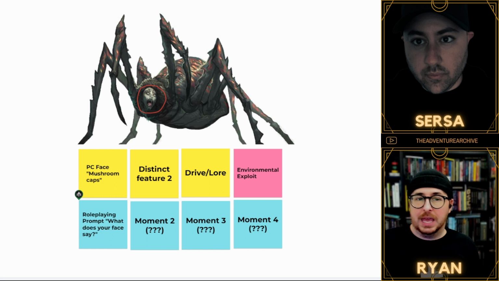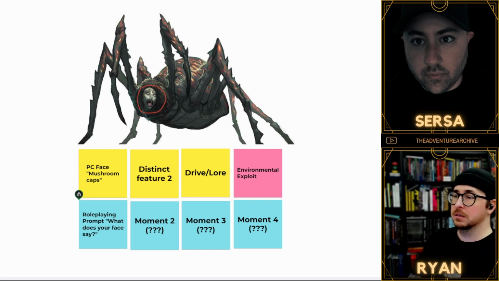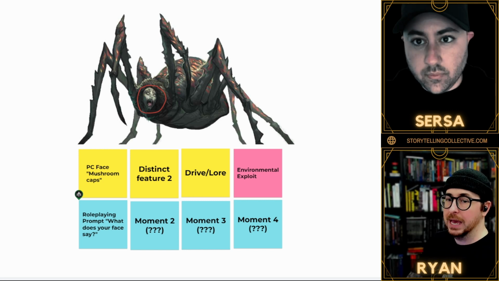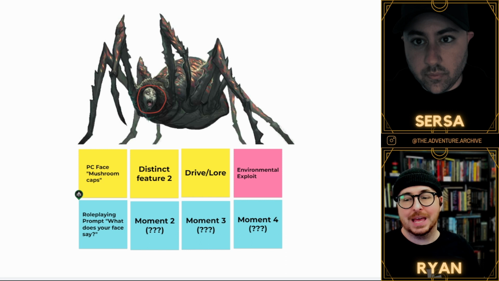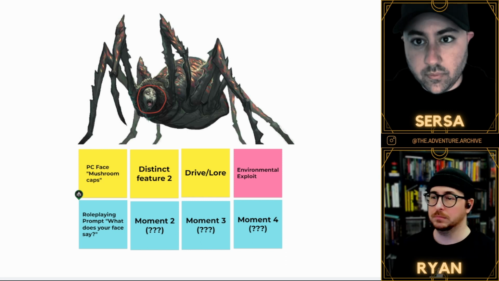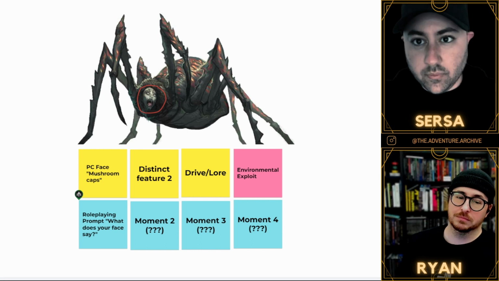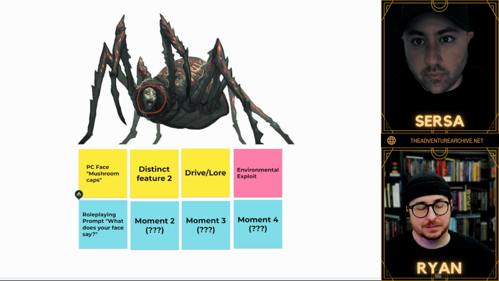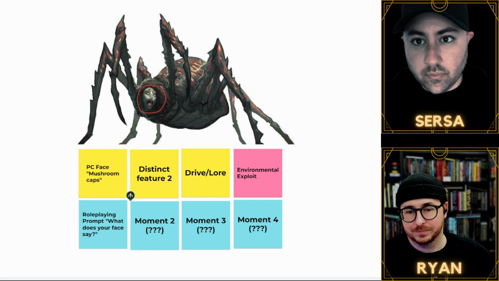And it's literally like, hey, this is the last gasp for you. What does the face of this mushroom cap on this spider say? I'm getting goosebumps hearing that. I think that's going to be such a fun moment for players. It's going to mess people up. It's so cool. And again, something they're going to talk about after the game forever.